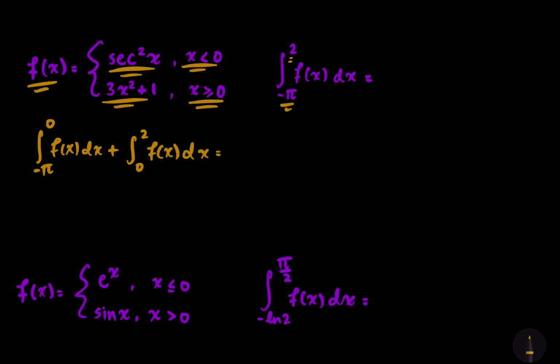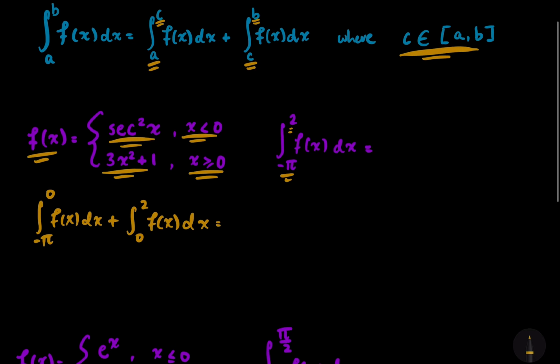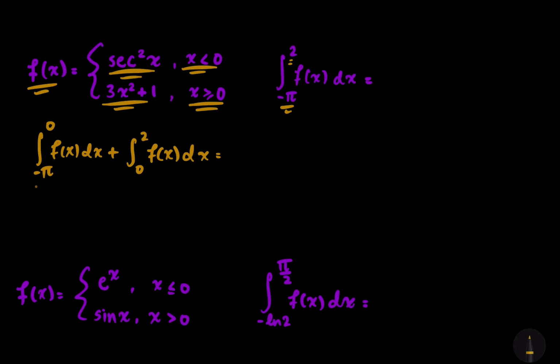This just follows from the property we discussed, where we can pick some number, and 0 is a very easy and optimal number here because it's where the function changes its definition, and then we separate out the integrals. From negative pi to 0, when x is less than 0, f of x is defined as secant squared of x.